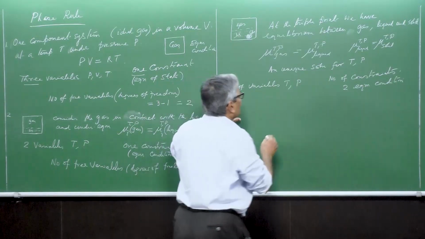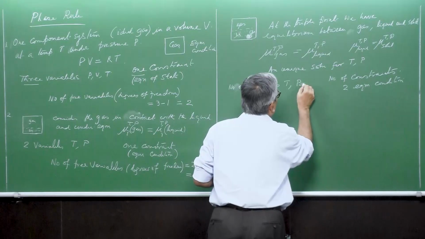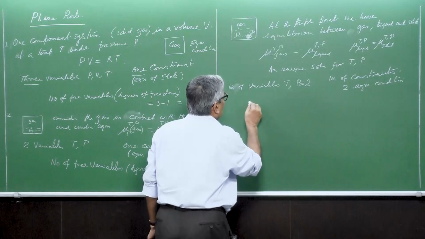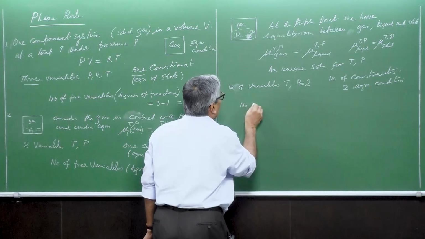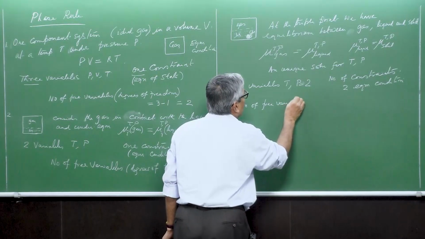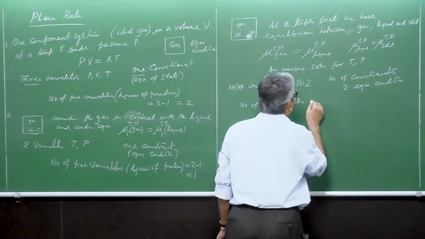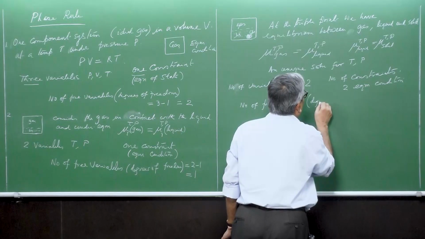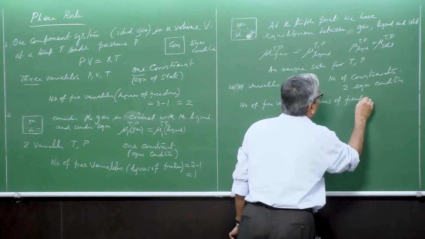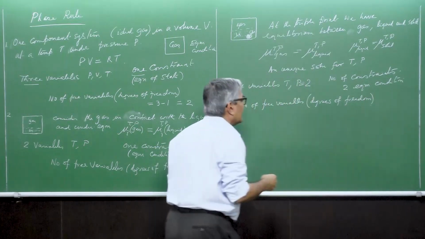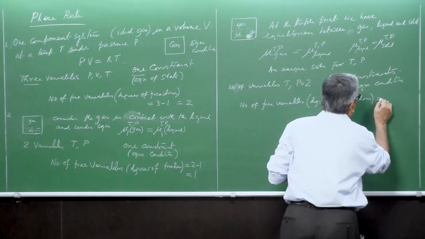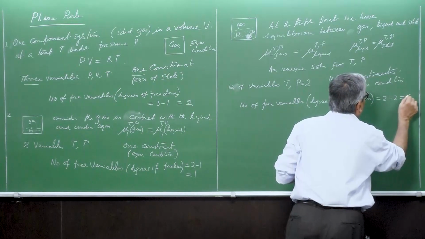So the number of variables is 2. Then the number of constraints is also 2. So the number of free variables, or degrees of freedom, that means you can freely choose to manipulate the equilibrium, is equal to 2 minus 2, which equals 0.